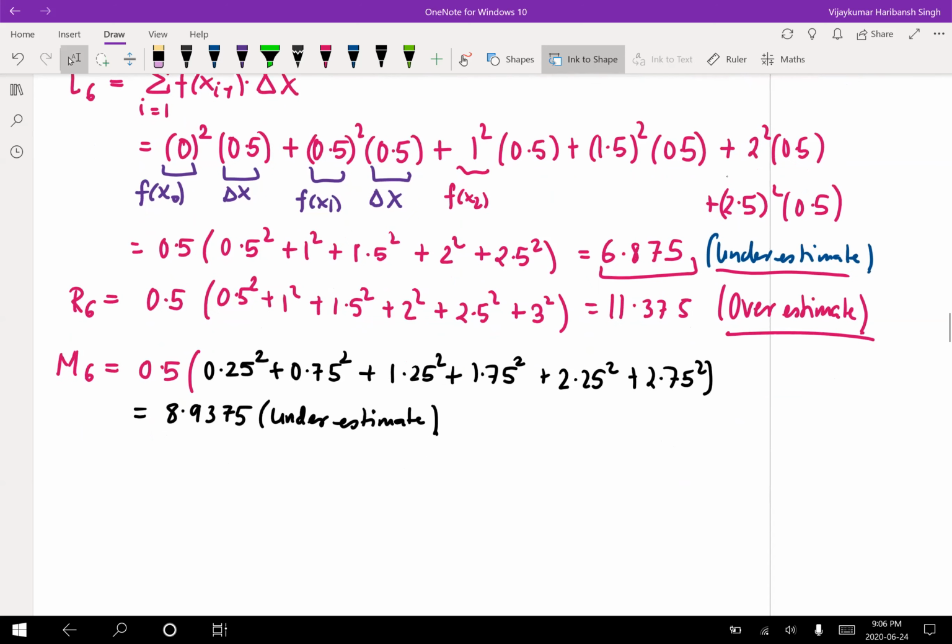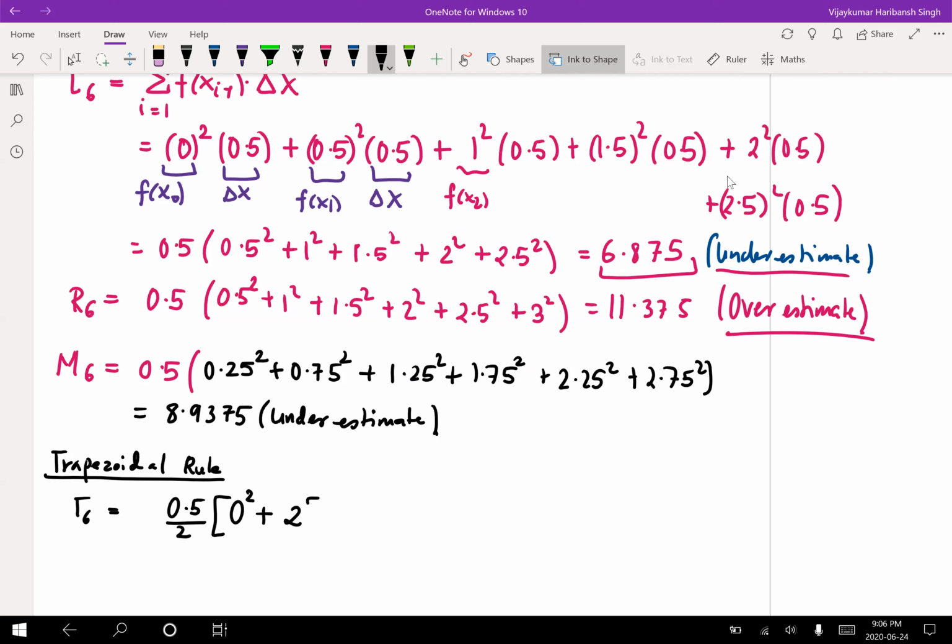Okay. Now let's do the same computation, so this was midpoint, now trapezoid. Remember the formula. T6 is going to be delta x by 2, so 0.5 divided by 2. The first one will remain as it is, and everything in between gets multiplied by 2.